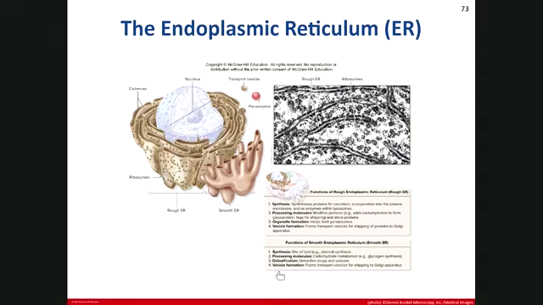They can make transport vesicles, which can bring these carbohydrates to the Golgi apparatus. And also, one of the important functions of them, which we don't have in this list, is storage of calcium ion, specifically in skeletal muscles.